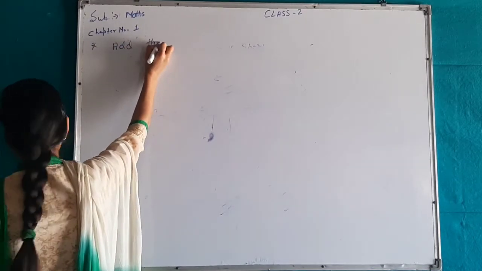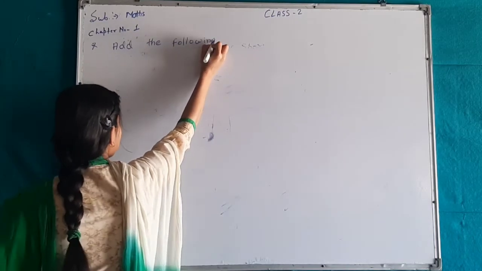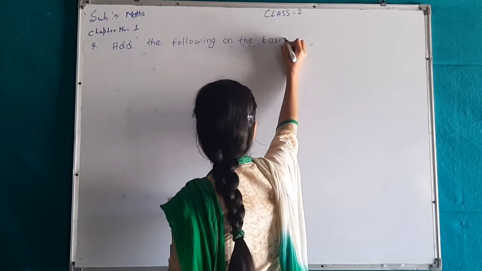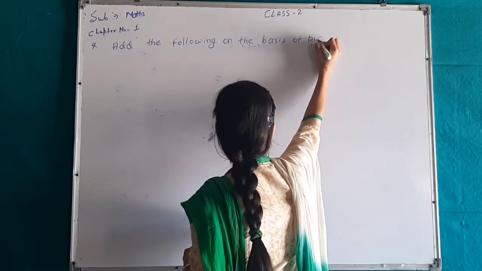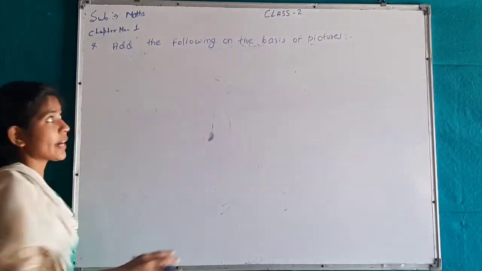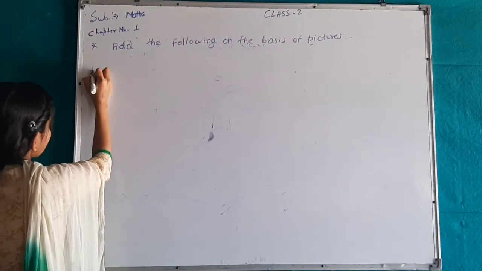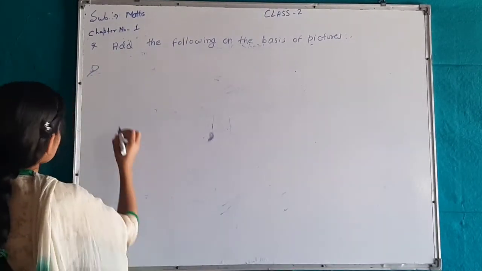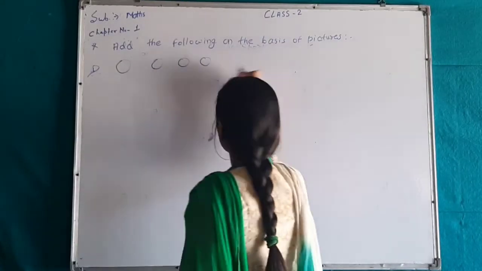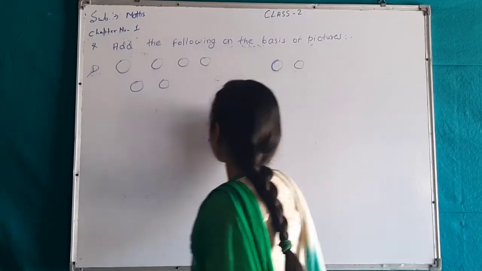Add the following on the basis of pictures. हमें कुछ चीजों को ऐड करना है पिक्चर के बेस पे. We can draw some pictures: 1, 2, 3, 4 and here 5, 6 and here is... we have to add it.